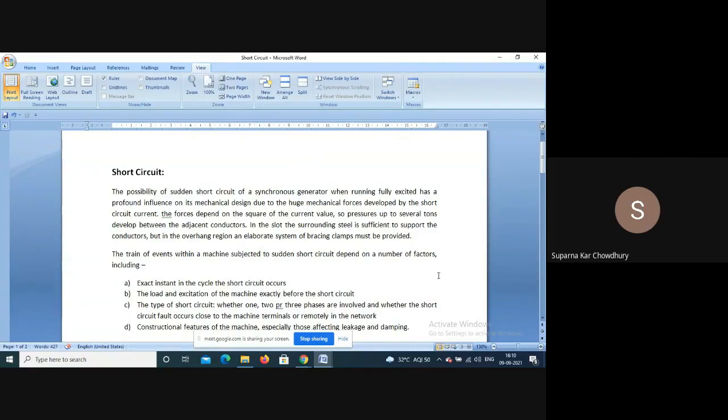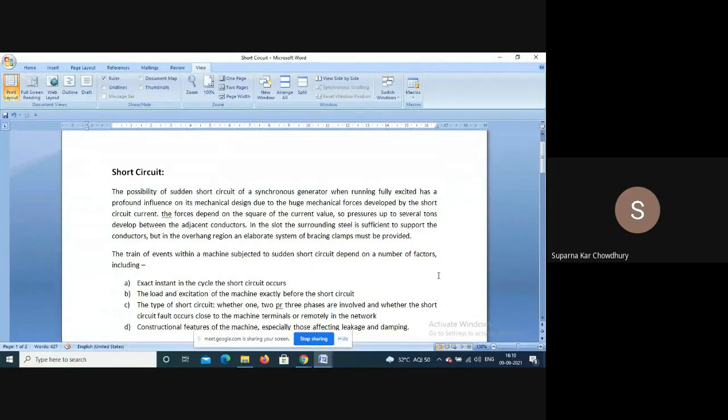This behavior is very important from the mechanical point of view, because high forces are developed during short circuit, as the current is very large and the force is proportional to the square of the current. So the machine should withstand this high mechanical stress.